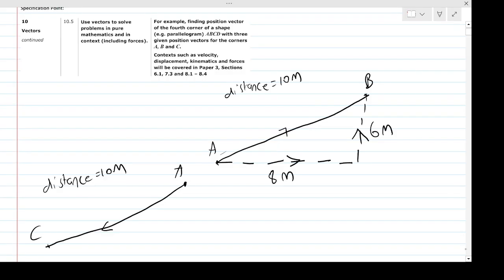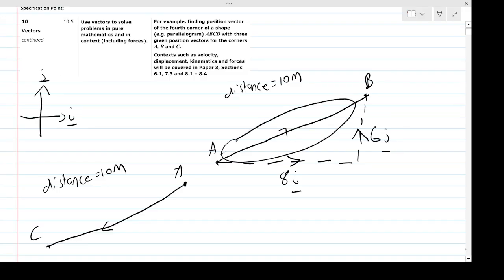But actually, if we use i and j notation, remember i is basically the x direction or the x axis, and j is basically the y axis. So 8 units forward is going to be 8i, and 6 upwards would be positive 6j. Therefore I can give the direction from A to B by this vector here, 8i add 6j.